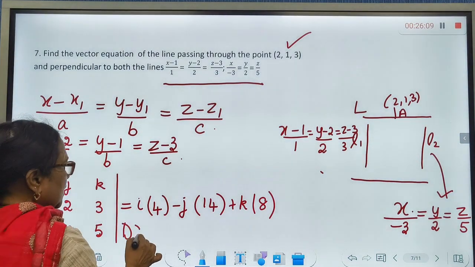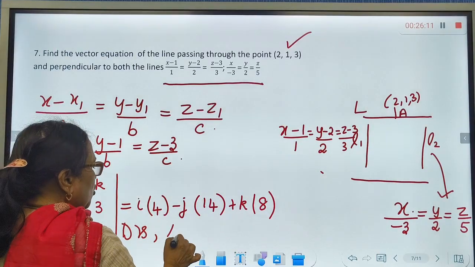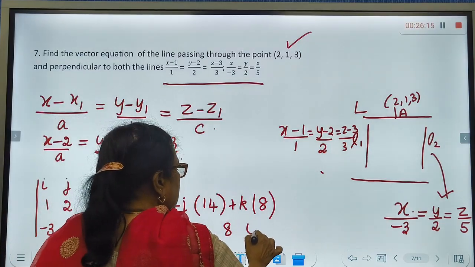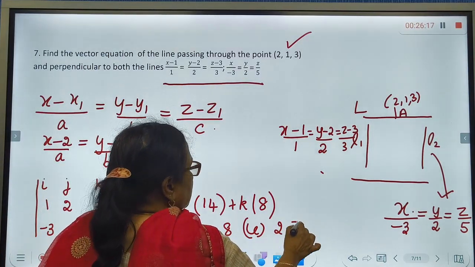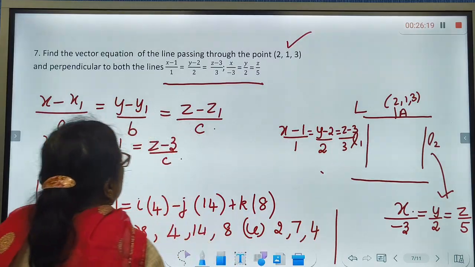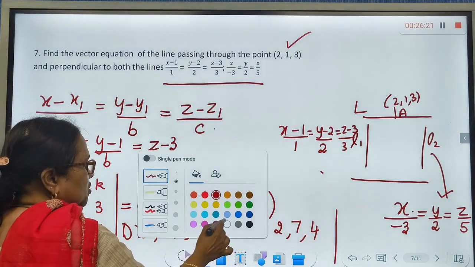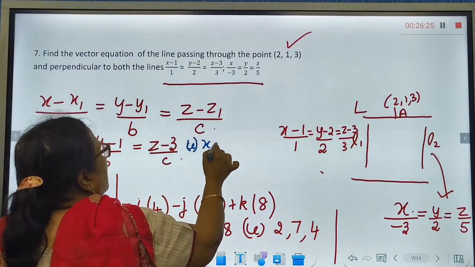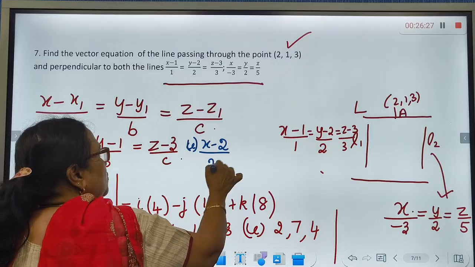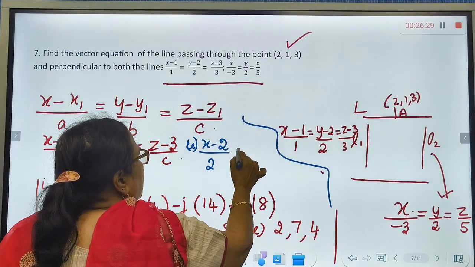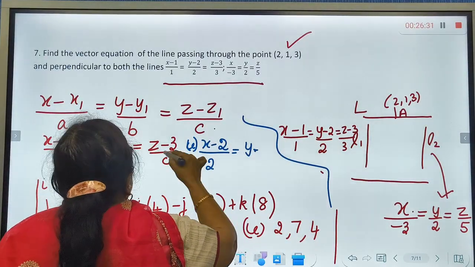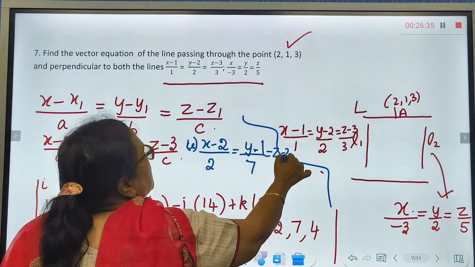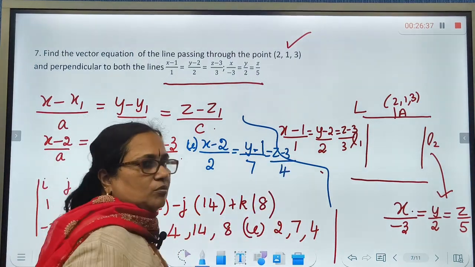So the DRs are 4, 14 and 8, that is 2, 7 and 4. So substituting for the DRs, you will get x minus 2 by 2 equal to y minus 1 by 7 equal to z minus 3 by 4.